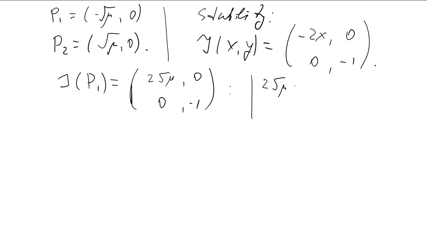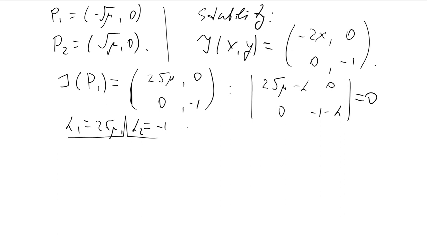And eigenvalues are roots of this characteristic equation: 2 square root of mu minus lambda, 0, 0, minus 1 minus lambda, equal to 0. And from here we find that lambda 1 equals 2 square root of mu and lambda 2 equals minus 1.